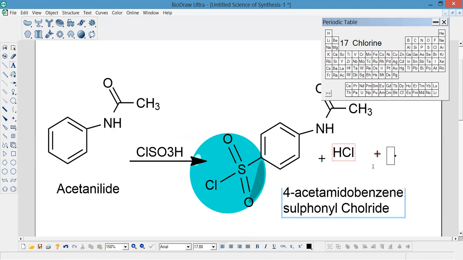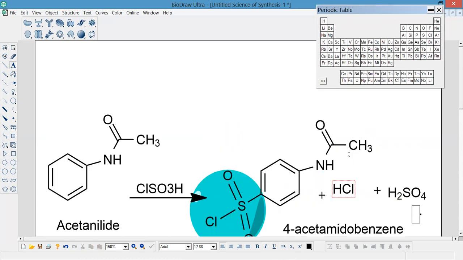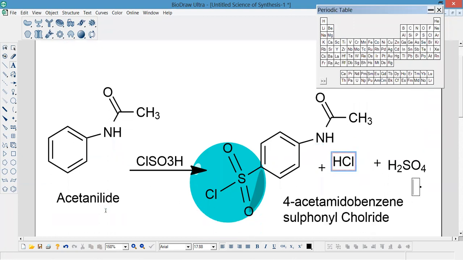Now next, with the removal of H2SO4, you can select these two, go to the text toolbar and go for subscript. Select the 4 with Control Shift and go for subscript. This is the first step of synthesis of sulfonamide, that is chlorosulfonation of acetanilide.